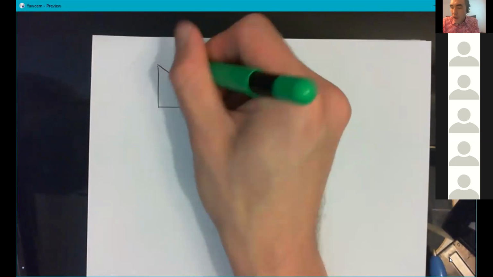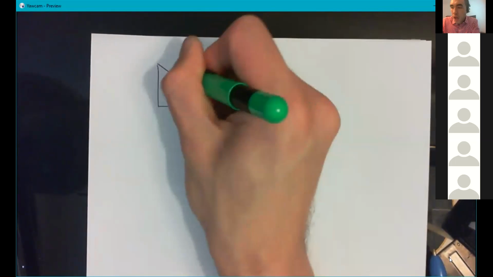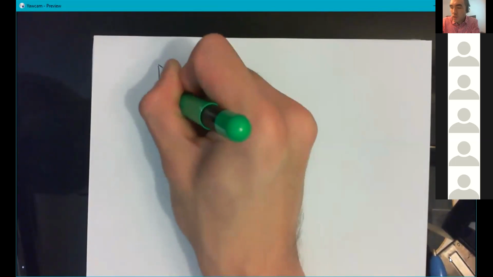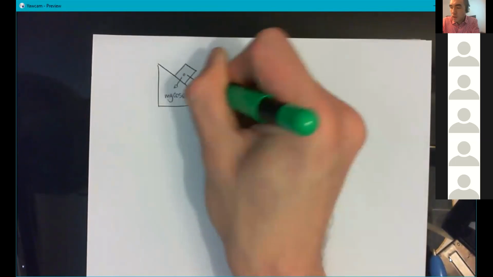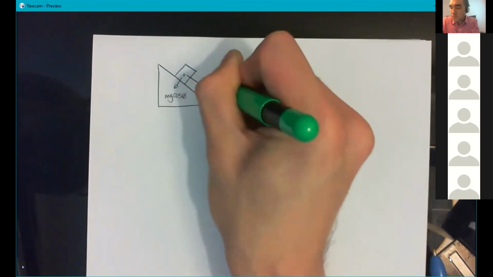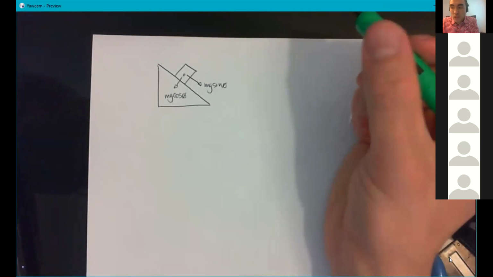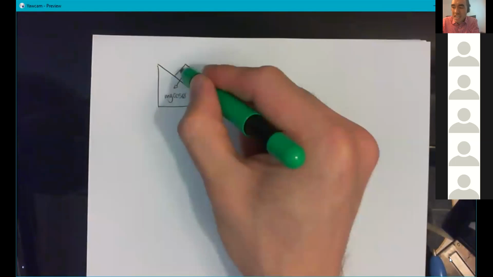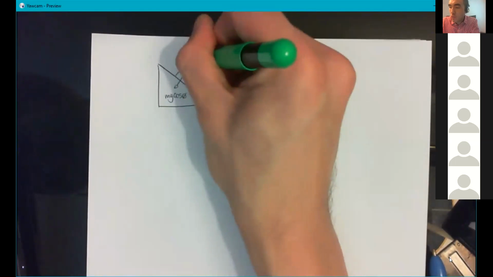So we take gravity, mg, and we split it up the same way we did in the warm-up. I'm not interested in mg. I'm interested in mg cosine theta, and I'm interested in mg sine theta, because these two components of the weight don't affect each other. They're perpendicular. And one of them is in the direction of motion, and one of them is perpendicular, which helps me figure out my normal force.